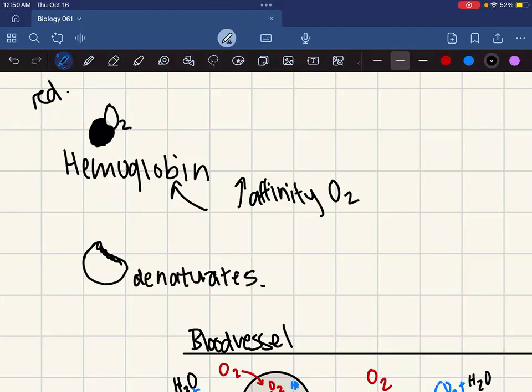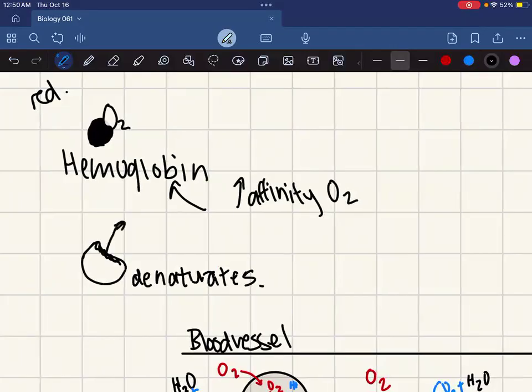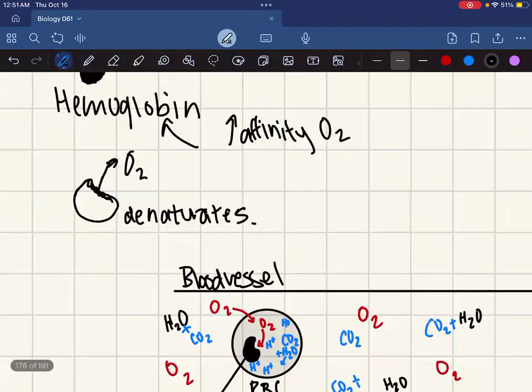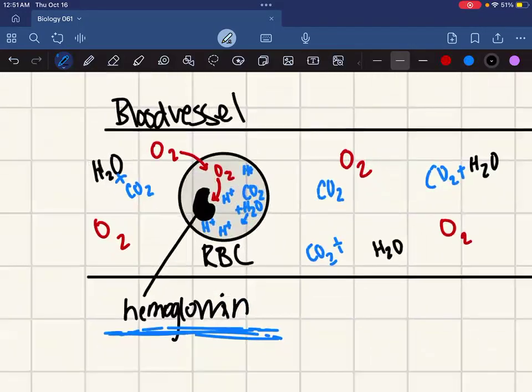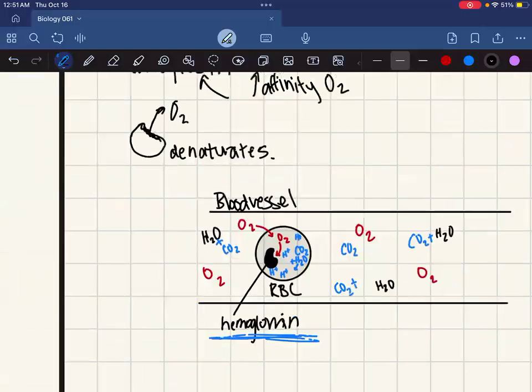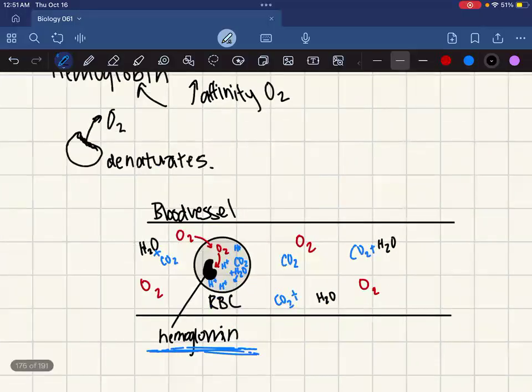And that causes the release of oxygen. So oxygen no longer can bind to that subunit. And because of this, this is called the acid tickle, where it is slightly acidic, denaturing the hemoglobin, allowing it to release that oxygen molecule.